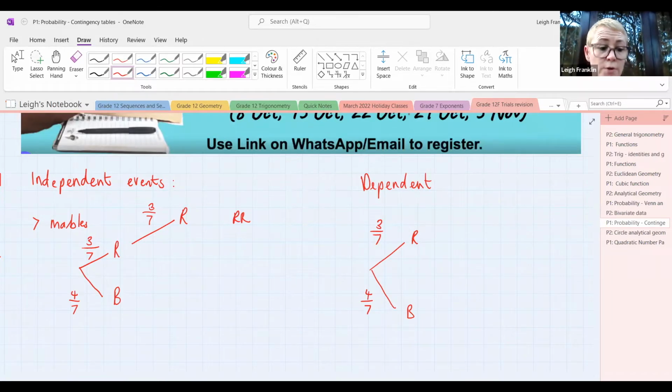I look at the color, and instead of putting it back, I put it on the side. What is the chance of me choosing another red marble in this case? You can put it into the chat or unmute. What would be the probability of me choosing another red marble?